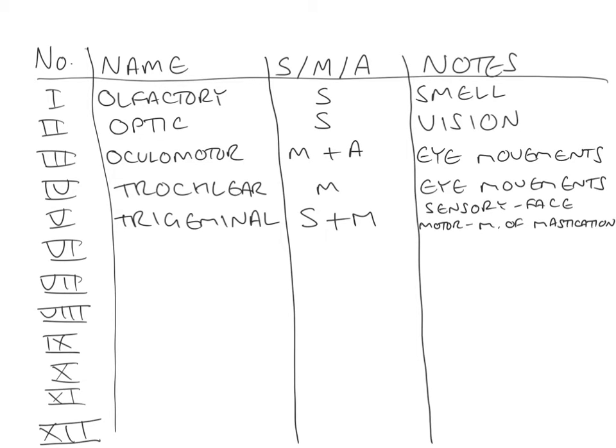The sixth cranial nerve is known as the Abducens Nerve. You might see it occasionally written as the Abducent Nerve. This is another nerve which supplies a single muscle responsible for eye movements.